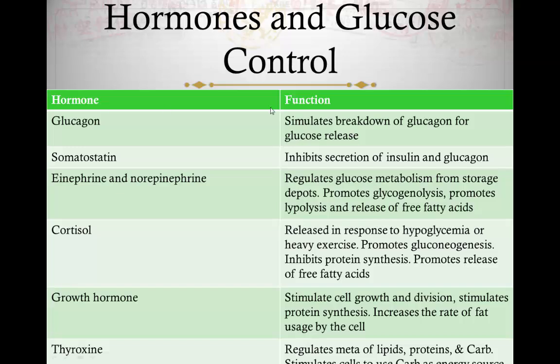So with epinephrine and norepinephrine, you're going to have high levels of glucose. With cortisol also, you're going to have high levels of glucose because it promotes gluconeogenesis. Neo means new and genesis means production, so a new production of glucose by cortisol. In addition, it inhibits protein synthesis and promotes release of free fatty acids.